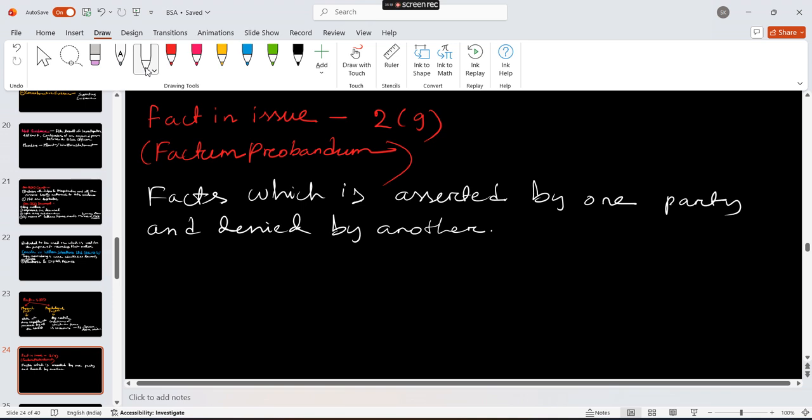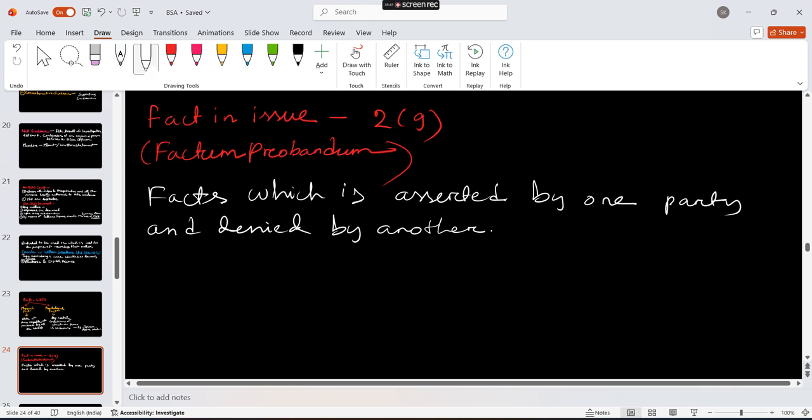So under grave and sudden provocation, A just stabbed a knife into B's stomach. So this can be done. Basically, facts in issue are those facts which are asserted by one party and denied by another. Okay, is it clear?